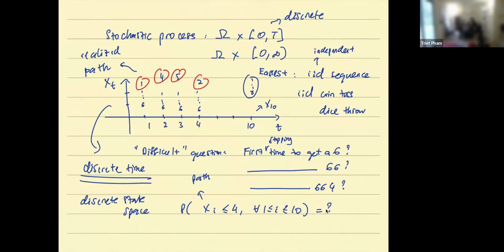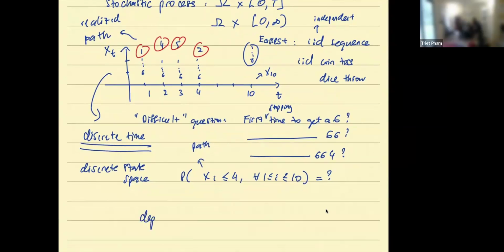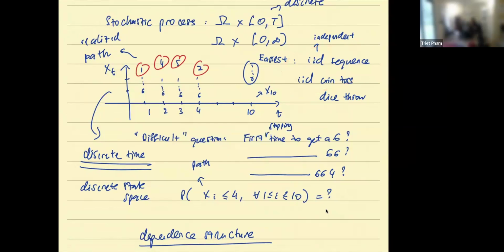But how do you make this not easy? How do you make this, let's say, more interesting? Well, to make it more interesting, basically you would throw a dependent structure into the stochastic framework. The reason why it's easy is because if you look at any time, you know exactly what it is.